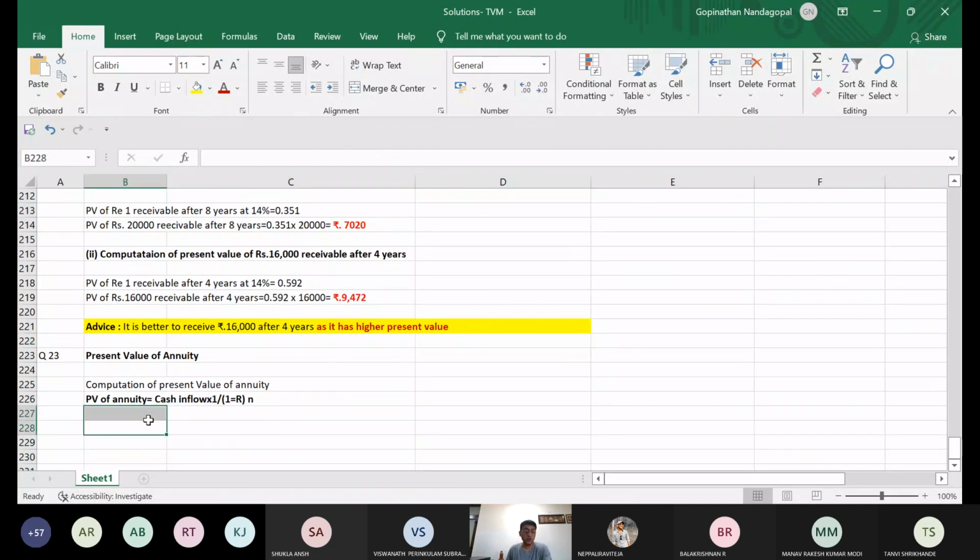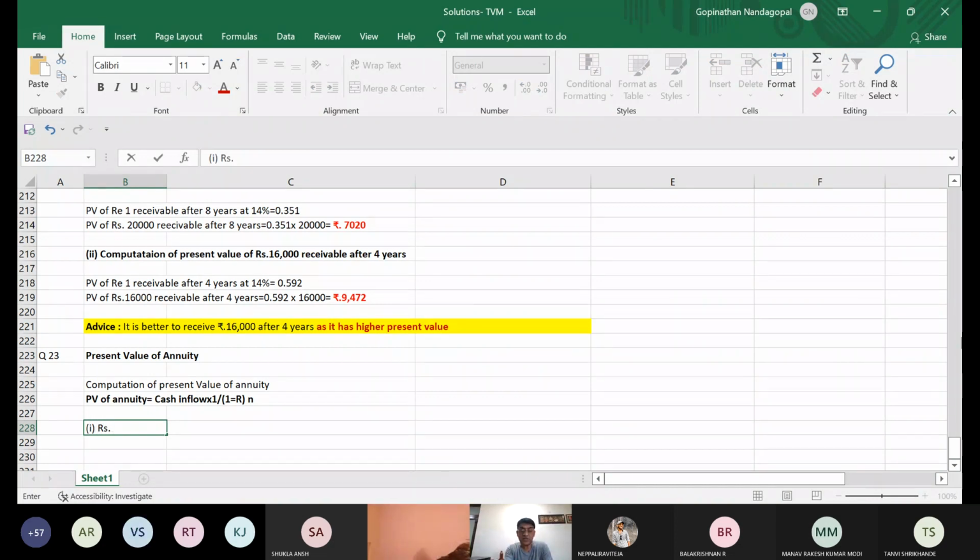Now we'll substitute the formula. Now how you have to do the problem here: rupees 60,000 receivable after 1 year.